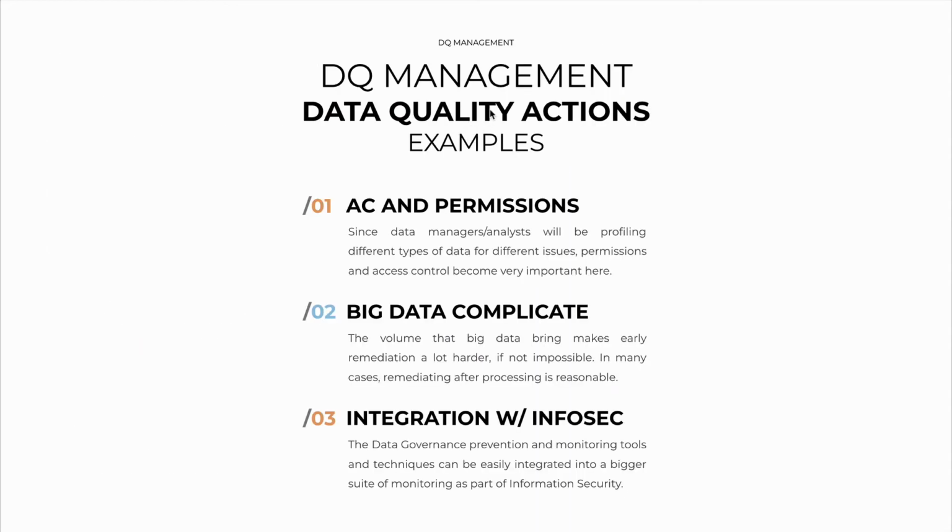What are some examples here? The first is access control and permissions. Since data managers and analysts will be profiling different types of data and for different issues, then permissions and access control become very important here.